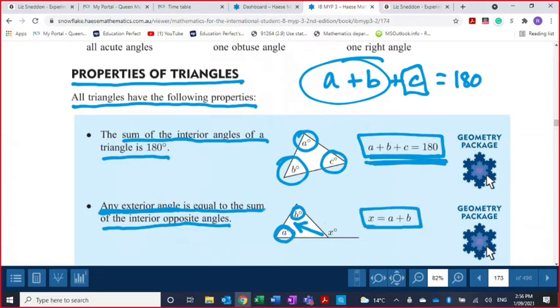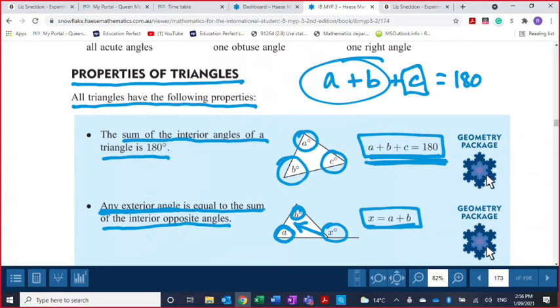Okay? So whatever those 2 interior angles are, if you add those together, you'll get the opposite exterior angle. And again, it doesn't matter which way the line went. If you were looking for this one, these are two opposite angles, therefore they're equal. So that one would be equal to A plus B as well. So you can't forget what we've already done as we move forward.